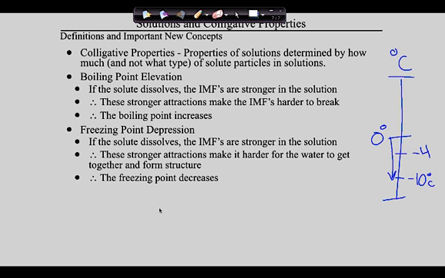So guys, I have a little suggestion for you. Don't put salt on your sidewalks. Put lawn fertilizer. If you spread lawn fertilizer on your sidewalks, will it dissolve? Yeah, lawn fertilizer dissolves in water. Will it make the freezing point go down? You bet.